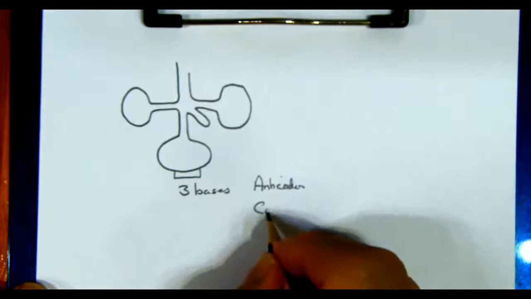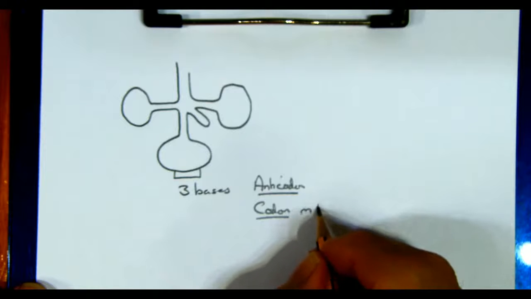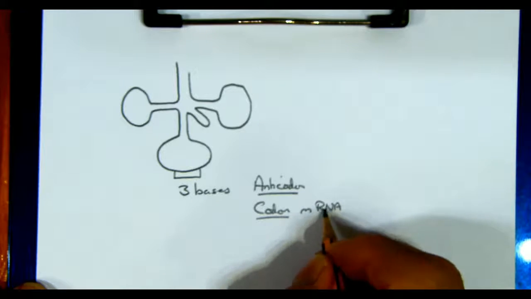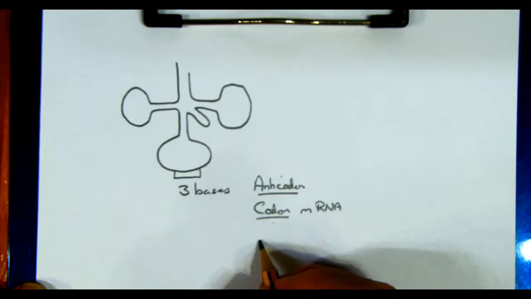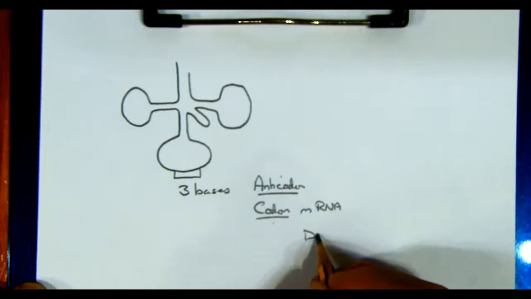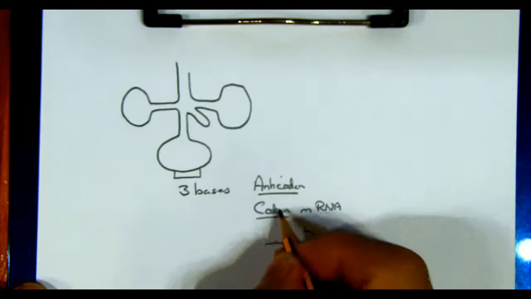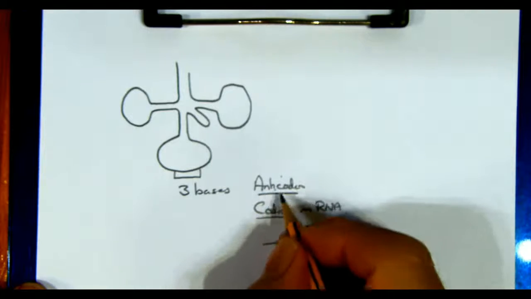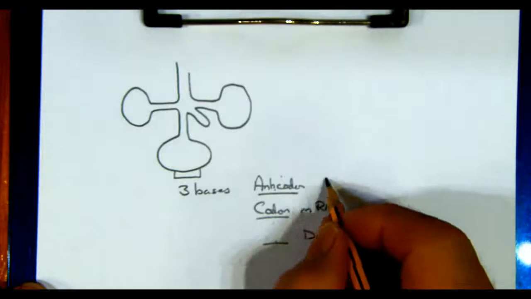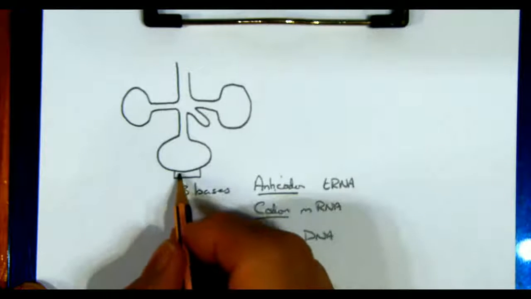It's opposite to the 3 base pairs that we've got on our mRNA, and that was the opposite to what we had on the DNA. So we had 3 pairs, we've got the inverse on here, and then we've got the inverse of this on the tRNA. So I've got these 3 bases.